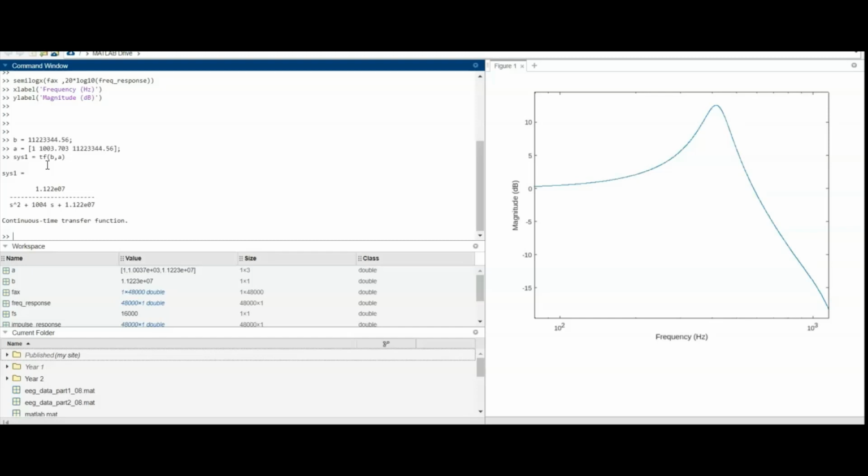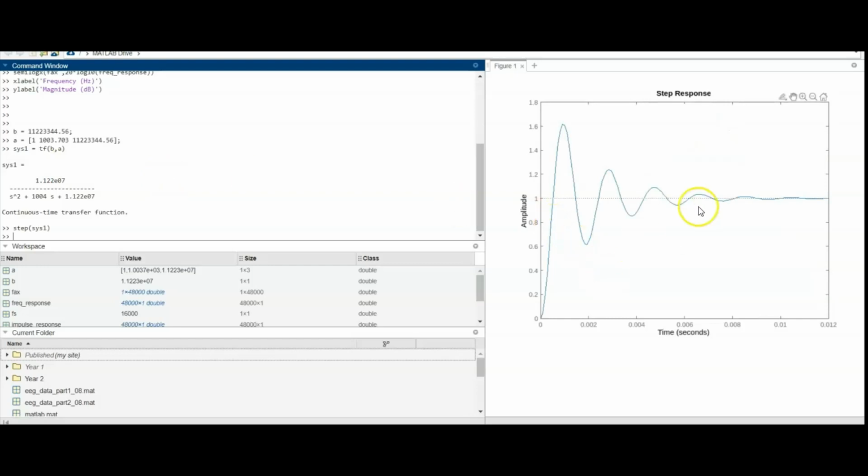If we put in step of system 1, this will give us the step response of the system. And here you can see it looks exactly like the one that we had earlier from using the output that we got from LTSpice. We can also use it to see the bode plot of the system, and see how it corresponds to the one we just did.